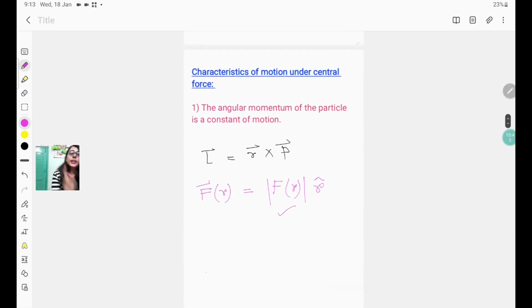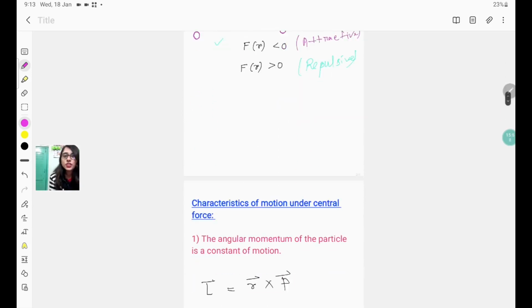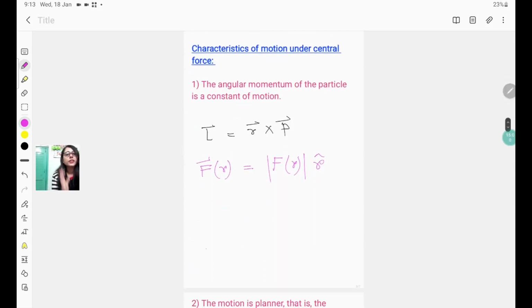F is a function of r and always acts along the line joining them, the unit vector r cap, either directed towards or away from, it does not matter.